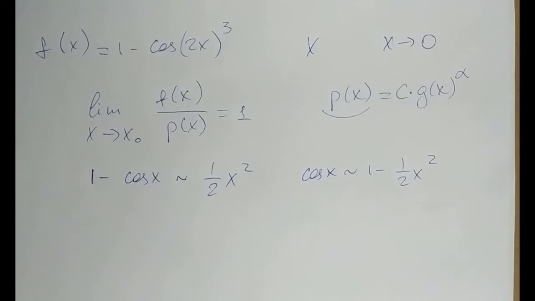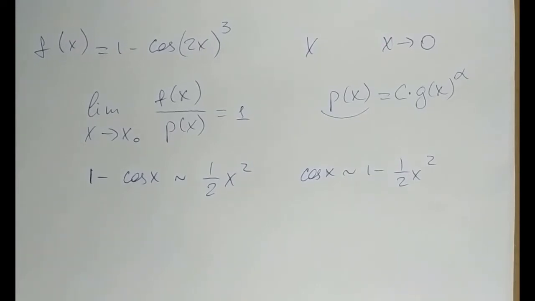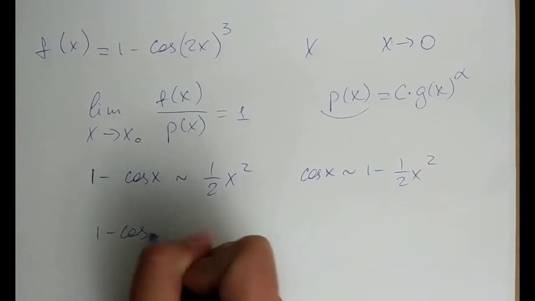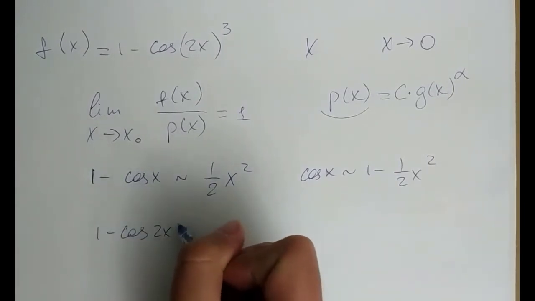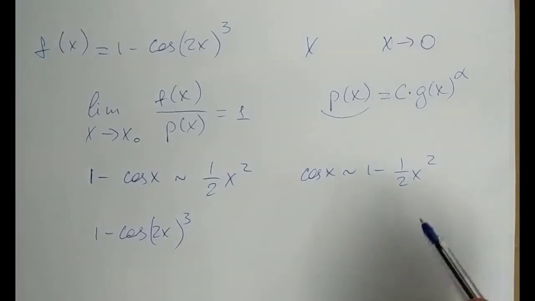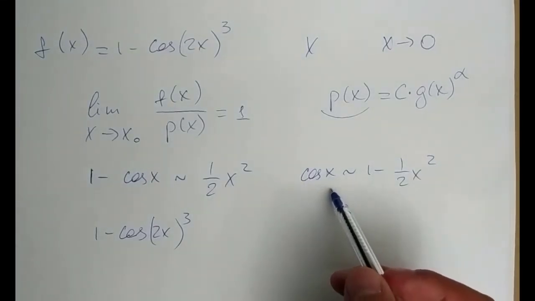So, if we use this equivalency, we have 1 minus cosine 2x cubed. Here, now, instead of x, we have 2x.